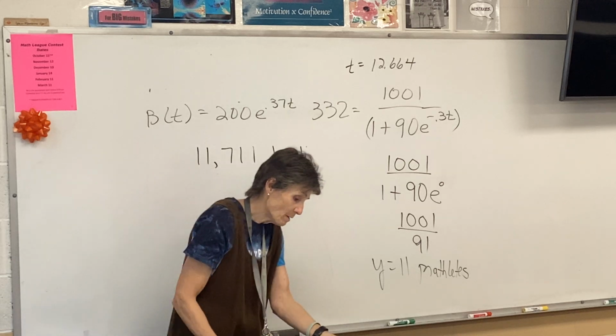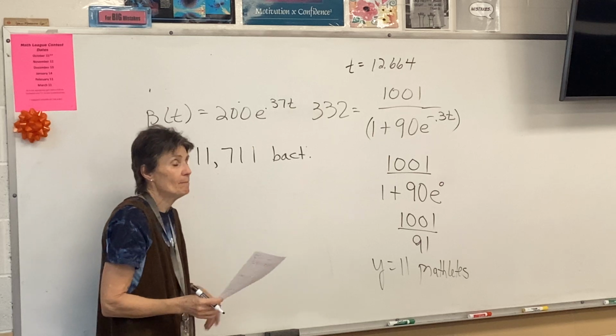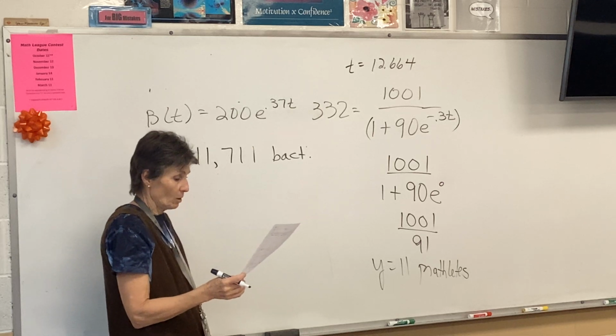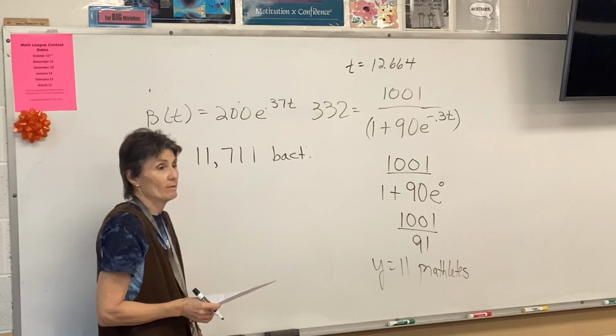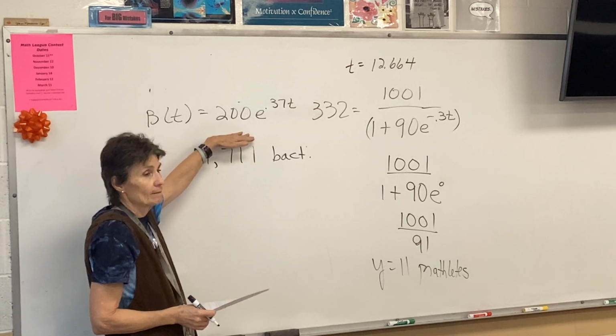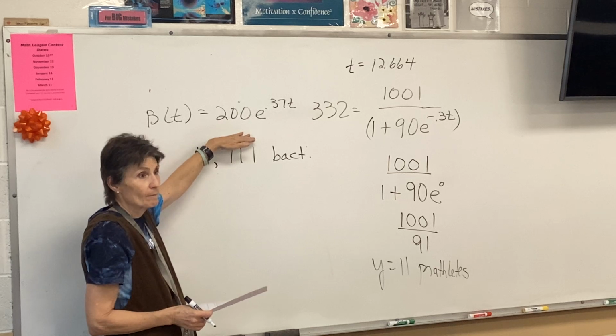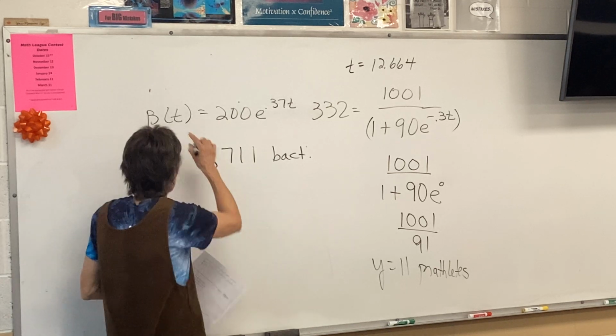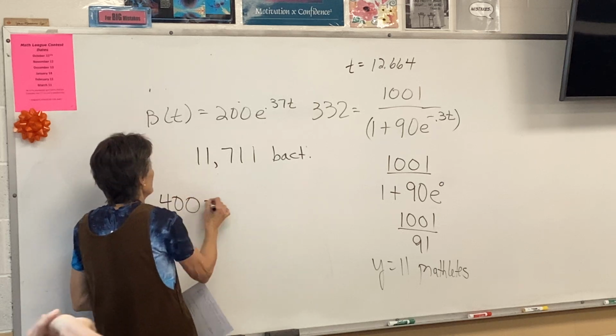All right, when will the number of bacteria be double what we started with? Well, look at your equation. What did we start with? 200. So now we're going to set this equal to 400.